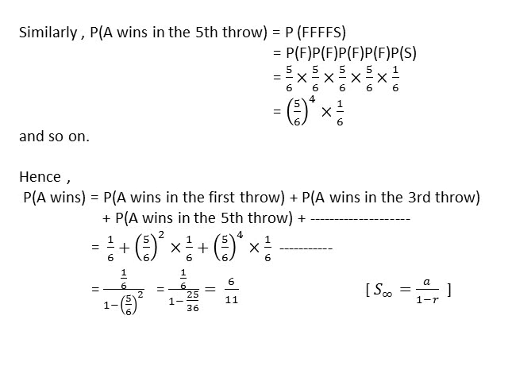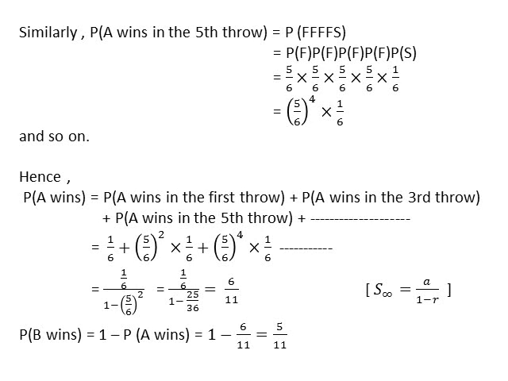Sum of an infinite GP equals a by 1 minus r, where a is the first term and r is the common ratio. Here a equals 1 by 6 and r equals 5 by 6 whole square. Substitute the values of a and r. We get 1 by 6 divided by 1 minus 5 by 6 whole square.